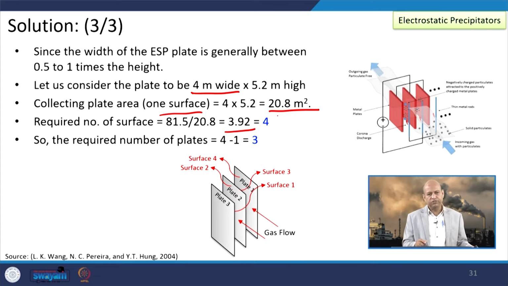So, the 4 surfaces we need can be arranged like one surface and 2 surfaces of this plate, 2 on either side, and the inner side of the plate 3. So, the total 4 surfaces are there, and the number of plates for this requirement of 4 surfaces could be 4 minus 1, that is 3.